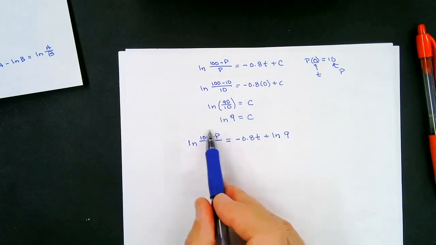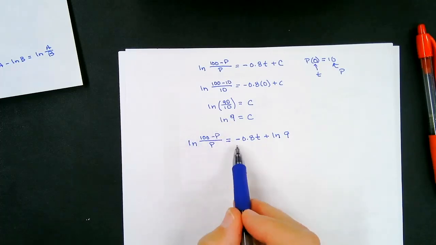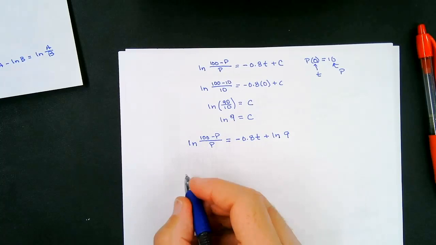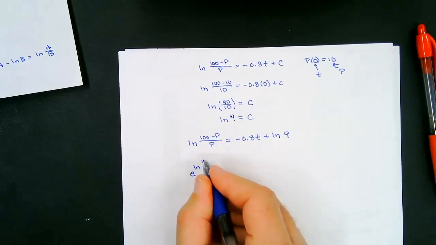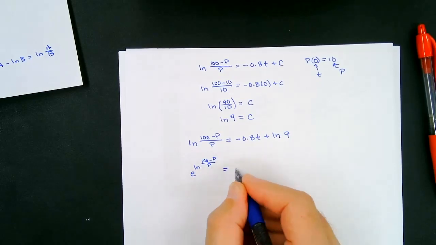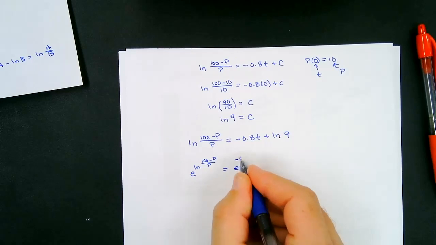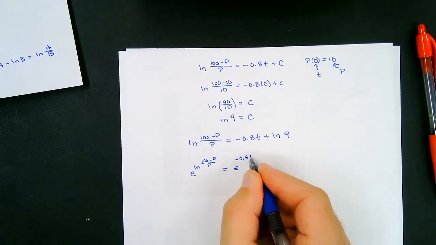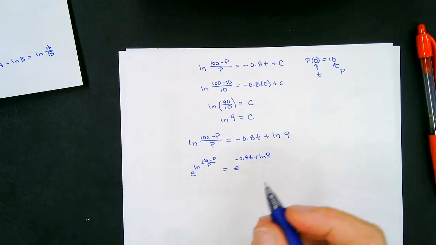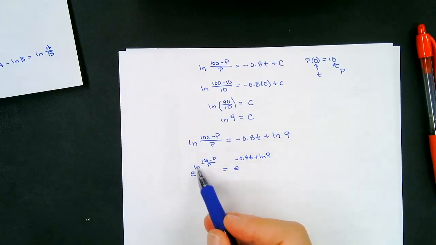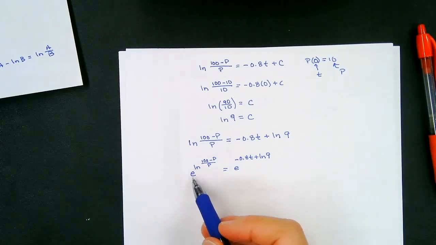So this is going to be my exponent to get rid of this natural log. And so these are going to be my powers. So this becomes e to the ln of (100 minus p) over p is equal to e to the negative 0.8 t plus the natural log of 9. So my e and my ln are going to undo each other, all right?